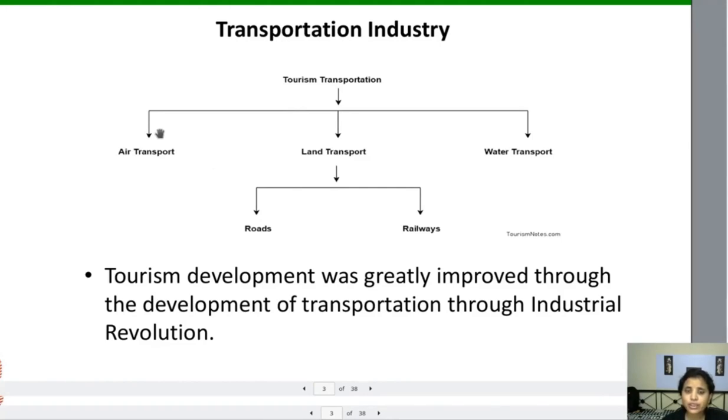After the deregulation in the 1980s, people started utilizing airways a lot because of the kind of airfare practices which the transportation industry was utilizing for revenue management.